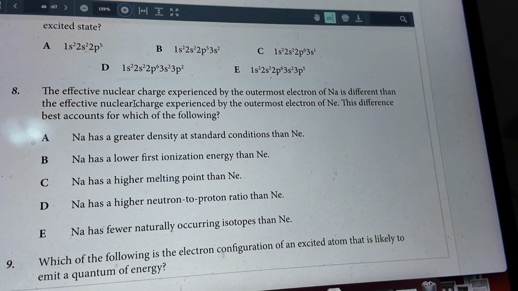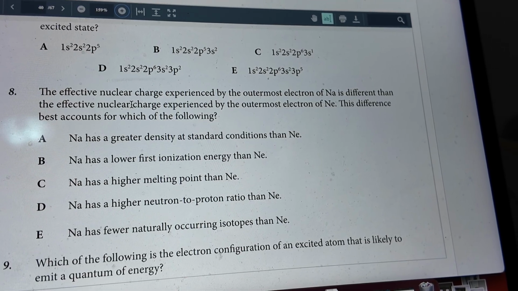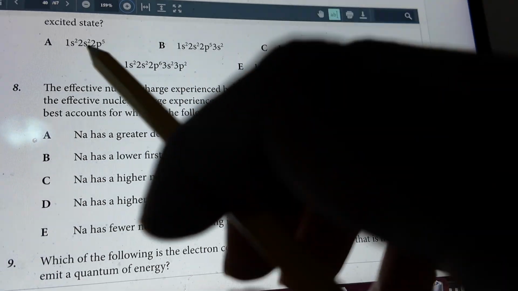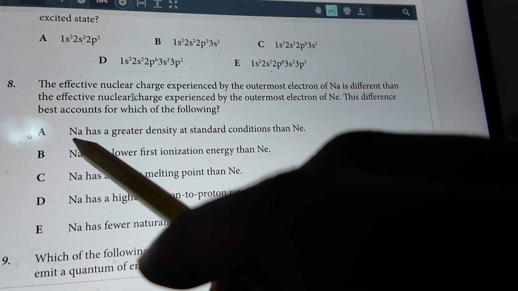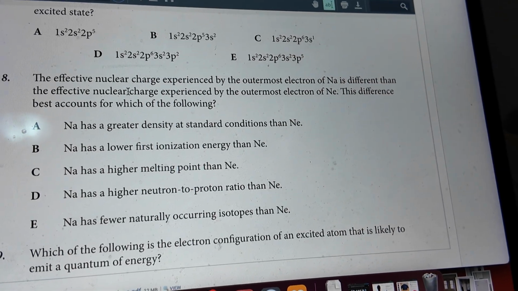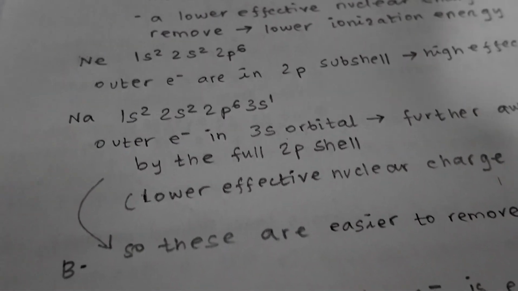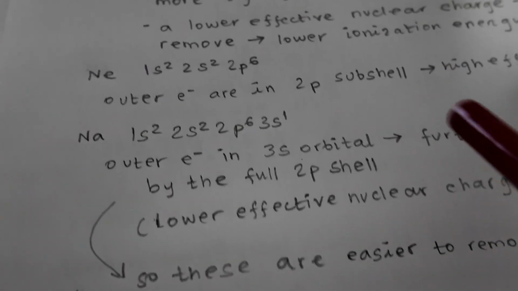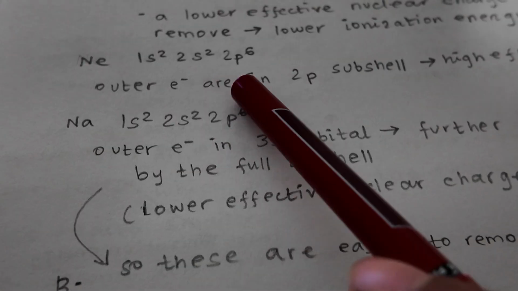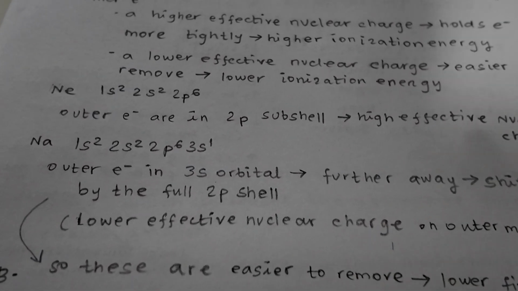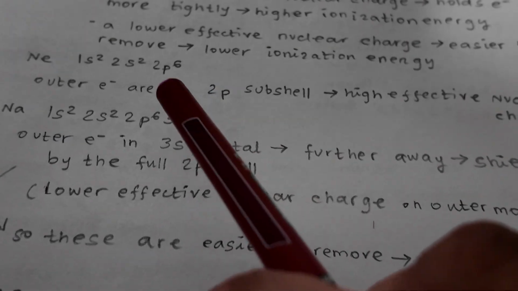Now, we're comparing sodium and neon, because that's what the problem talks about. And if you look here, I wrote out sodium's electron configuration. So it is 1s2, 2s2, 2p6, and its outer electrons are in the 2p subshell, right?